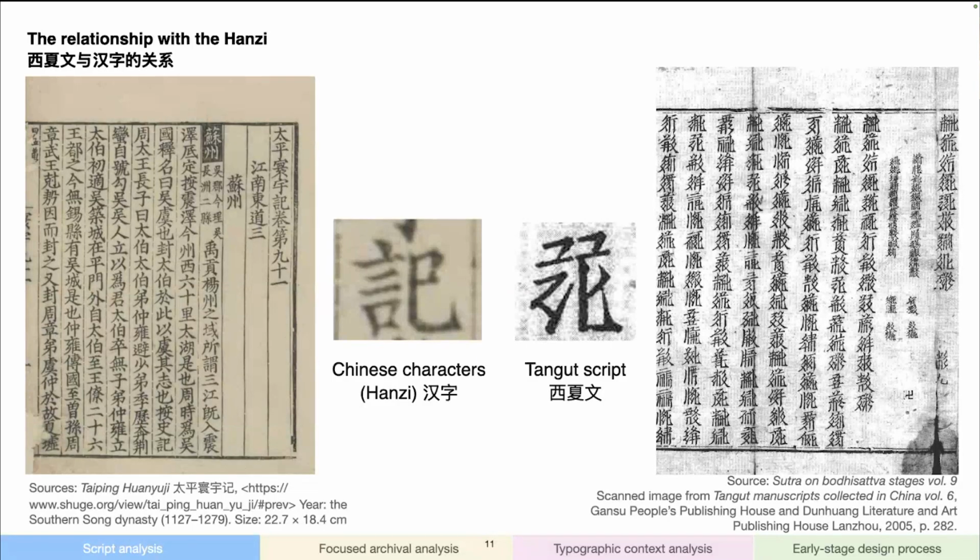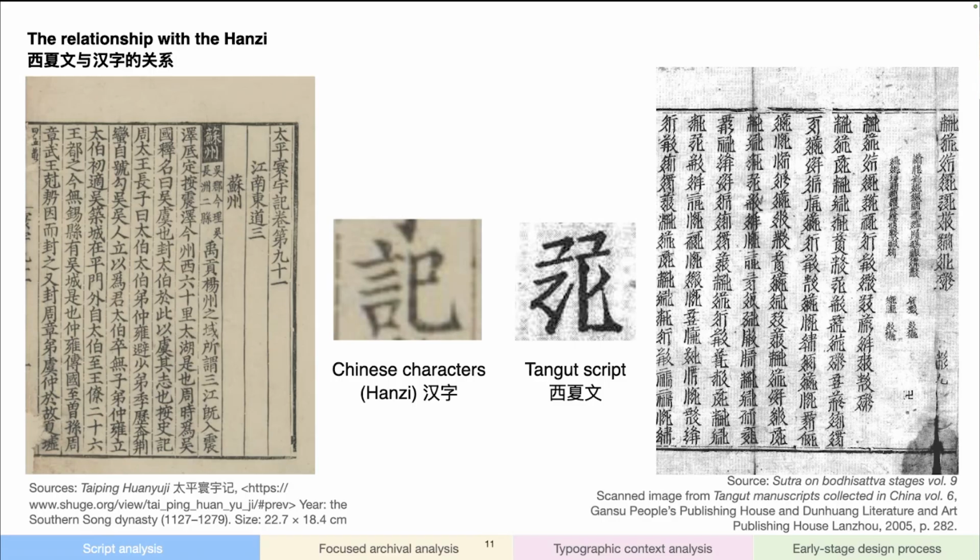The first stage is the script-level analysis. Although the Tangut script is extinct, luckily it has a very close relationship with Hanzi. It was created in a very short time, and we all know a writing system can't form in such a short time, so it definitely needed a reference, and the reference is the Chinese character Hanzi.